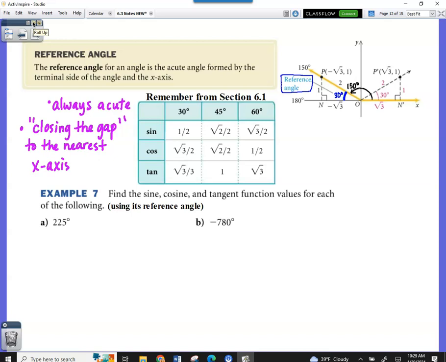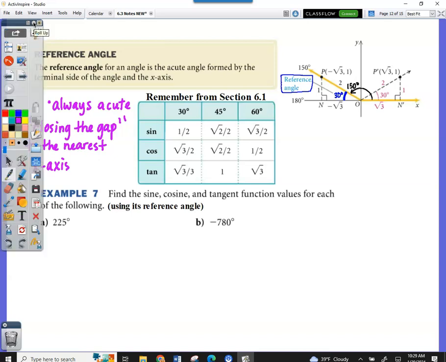Okay, how do you know what you're doing? Ready? I'll lay it out for you. First of all, 225 is the angle we're working with. I'm going to sketch a blank grid, coordinate plane. You've got to know where 225 lands. Use the quadrantal angles to calibrate where you are. So this is 0.